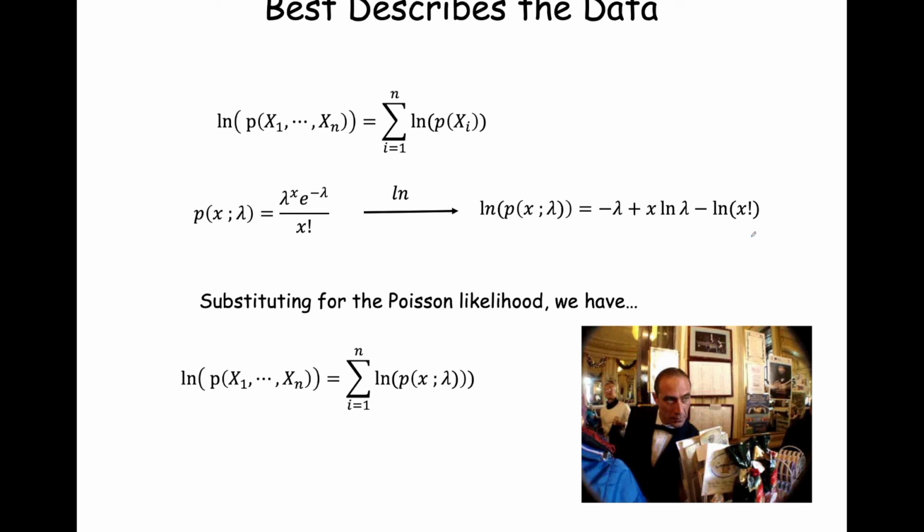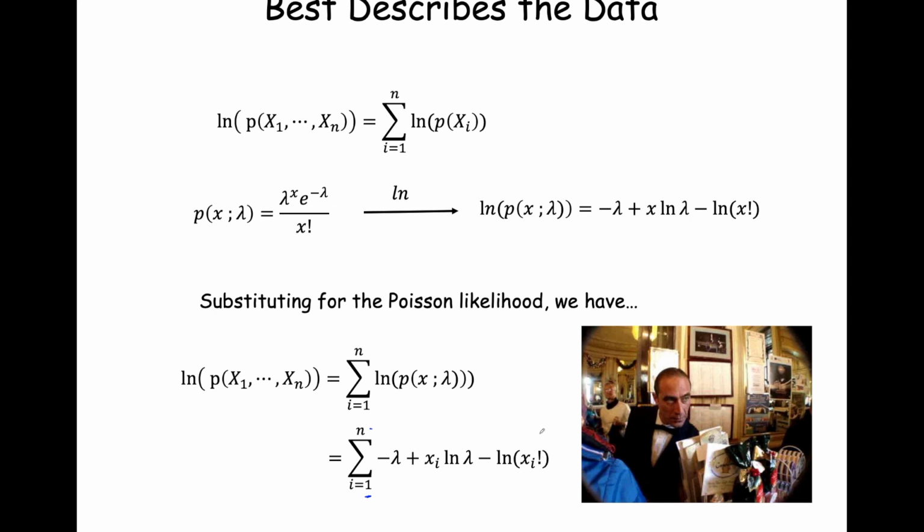So what do we have? We have the sum. We take the log, a monotonic transformation. We get the log marginal likelihood underneath the sum. And we now substitute for what we just solved, and we get the sum for i goes from 1 to n of minus lambda plus xi ln lambda minus the natural log of xi factorial.